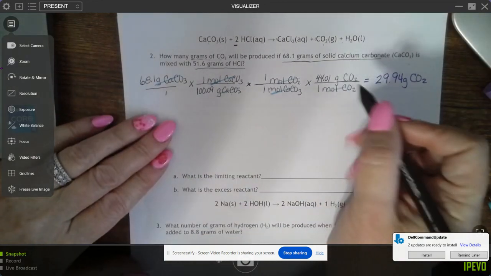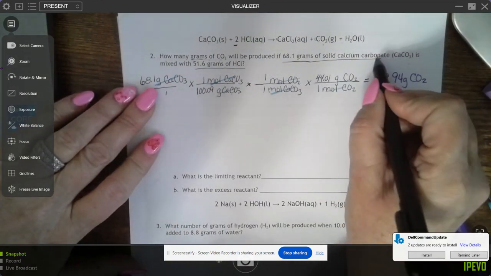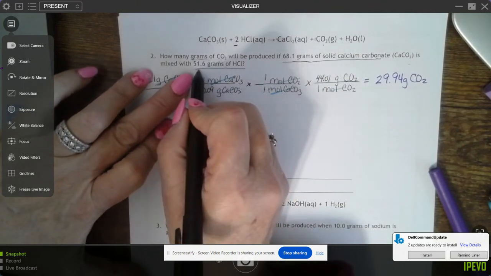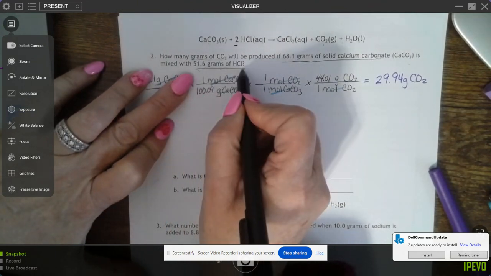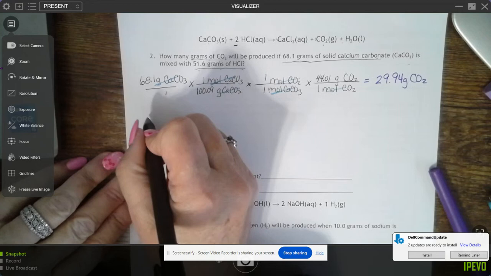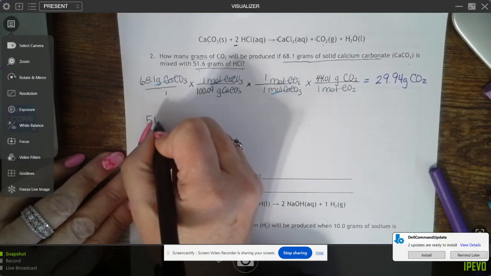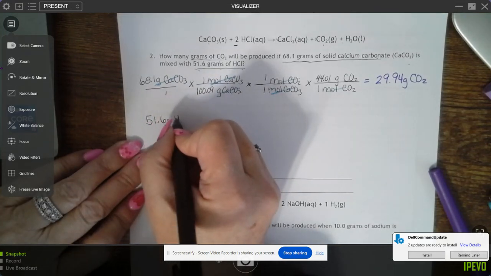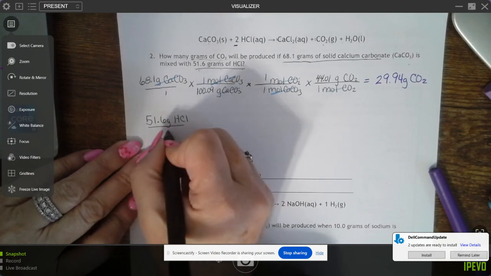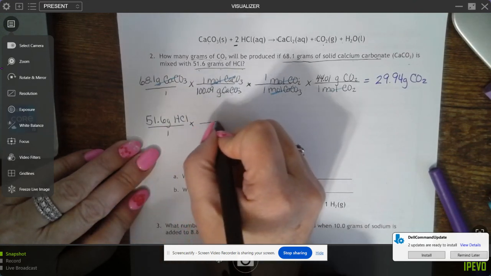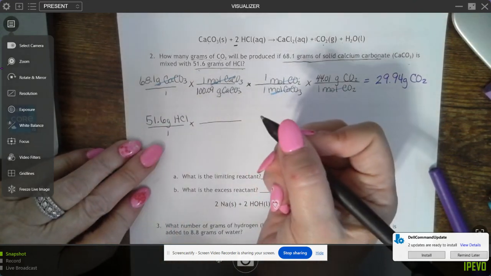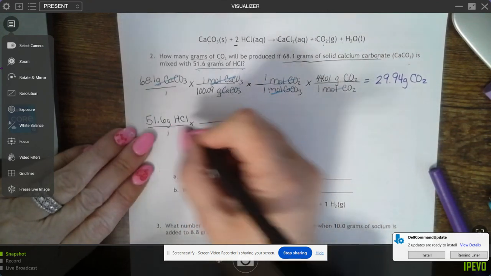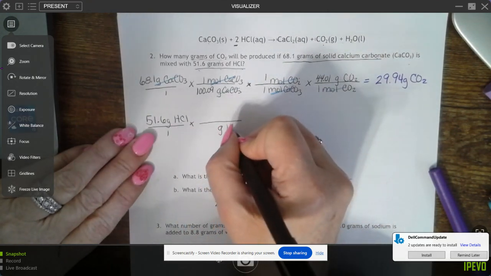Now, instead of starting with calcium carbonate, we've got to start with HCl. So we start with 51.6 grams of HCl. Again, the first step is to go from grams of HCl to moles of HCl.